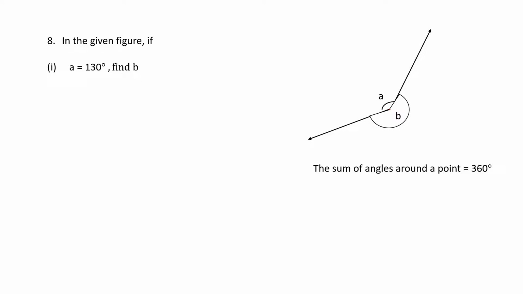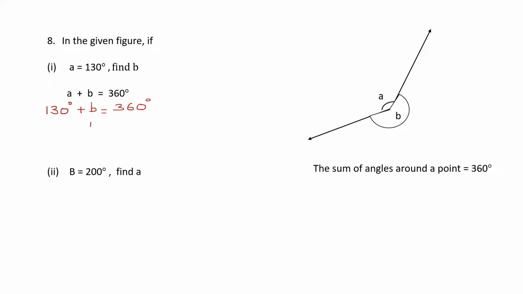That means if I add up A and B, I should get 360 degrees. So A plus B is equal to 360. Let me substitute. A is 130. I have to find B, so I'll leave it there, is equal to 360 degrees.